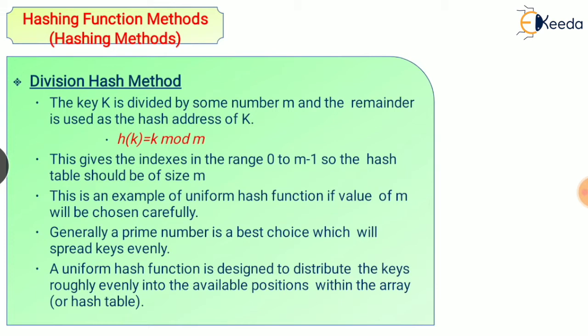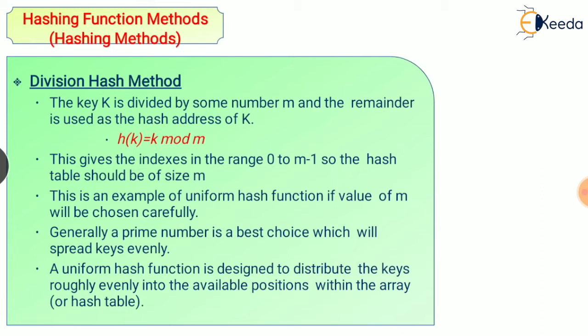This is an example of a uniform hash function if the value of m is chosen carefully. Generally, a prime number is the best choice, which will spread keys evenly.